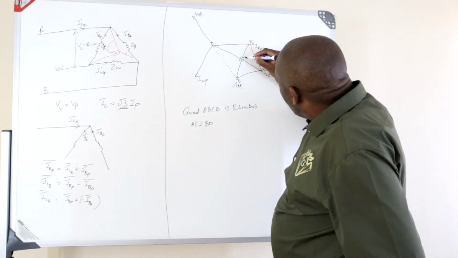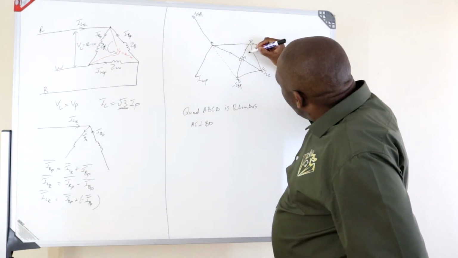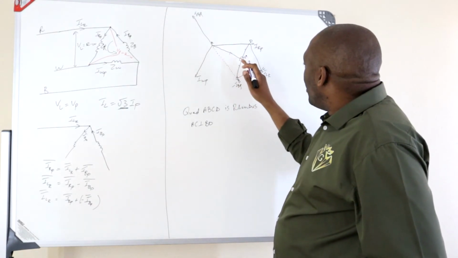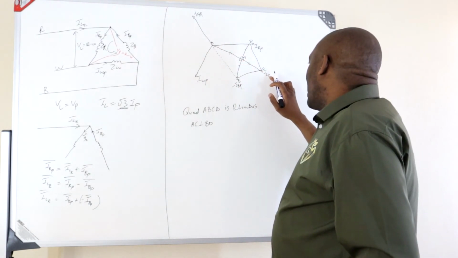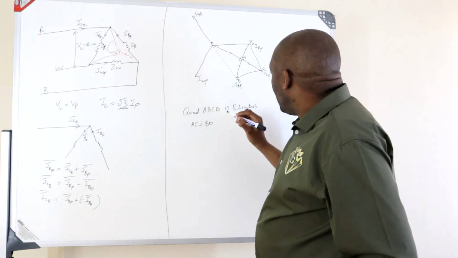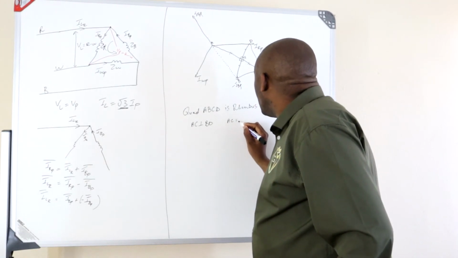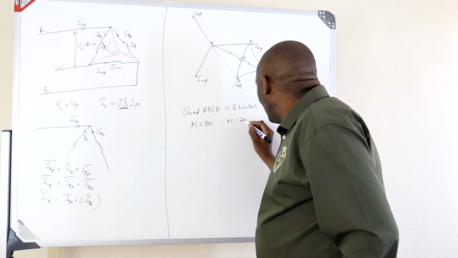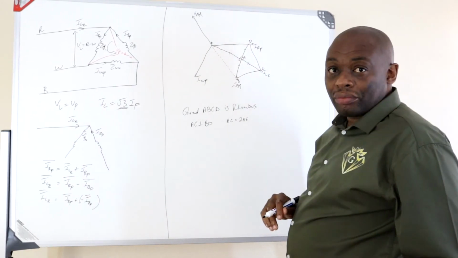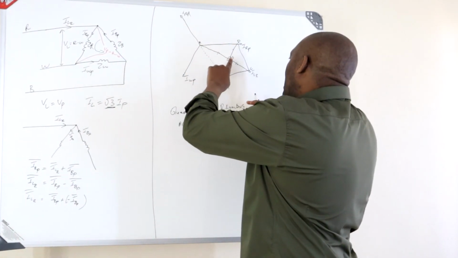It also says that they bisect each other. So we can name this point here point E, and when they bisect each other, they divide each other in half. So if we are looking along this line, our line current, you will notice that AC is equal to 2AE, because this line is the sum of this line and this line.